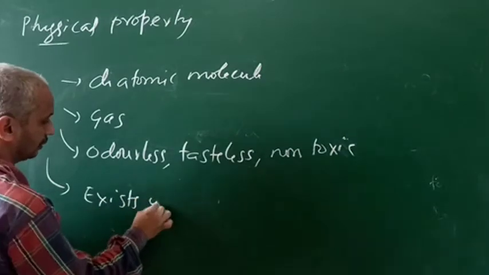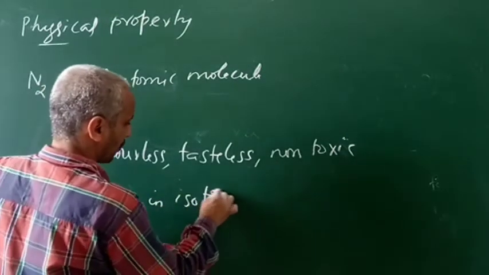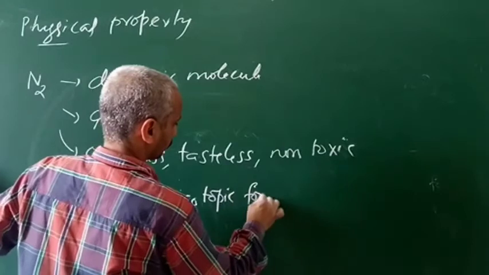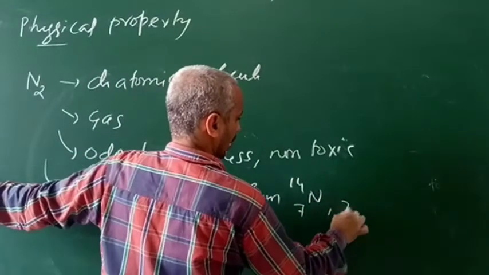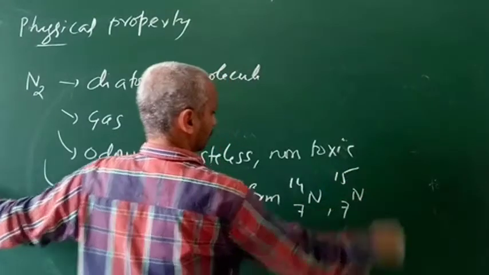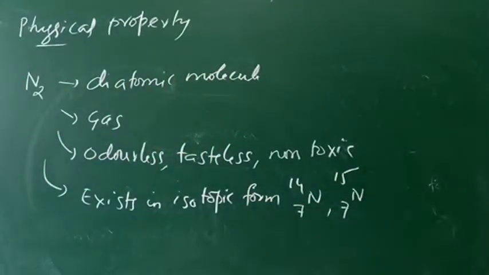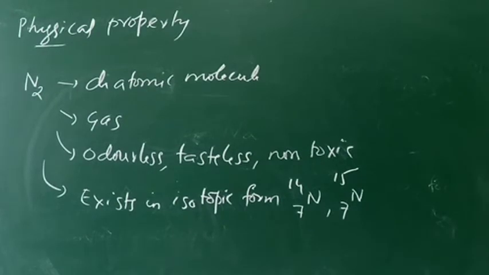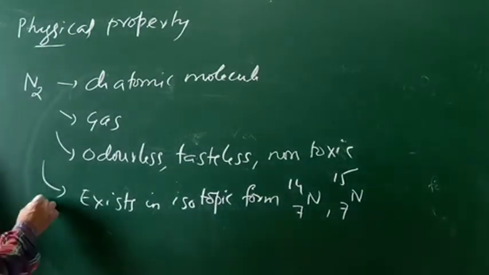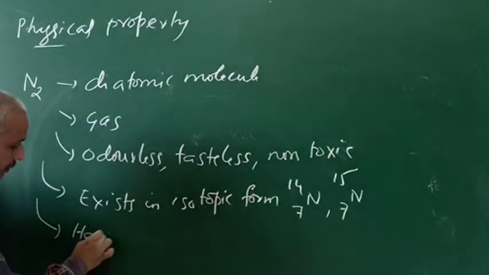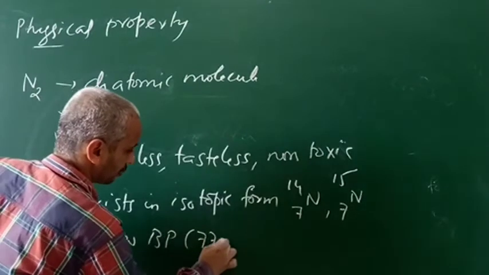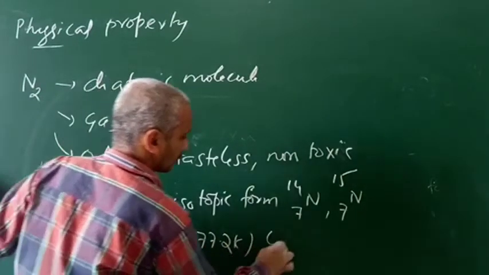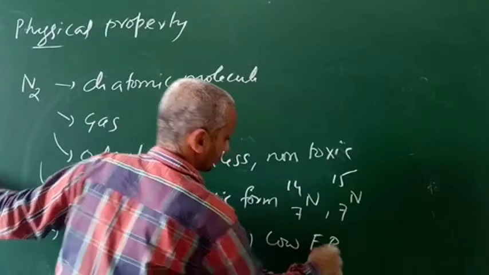Nitrogen exists as 7N14 and 7N15. It has a low boiling point, around 77.2 Kelvin, and a low freezing point.